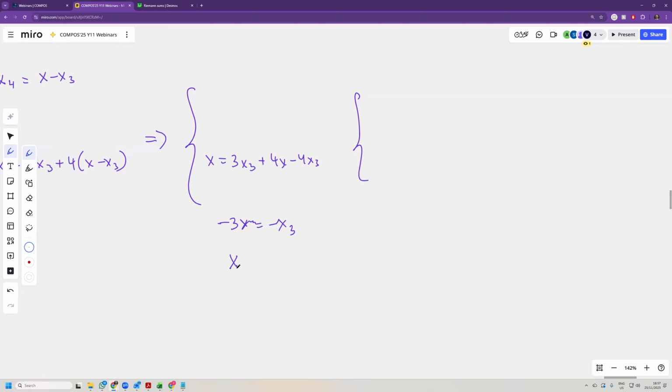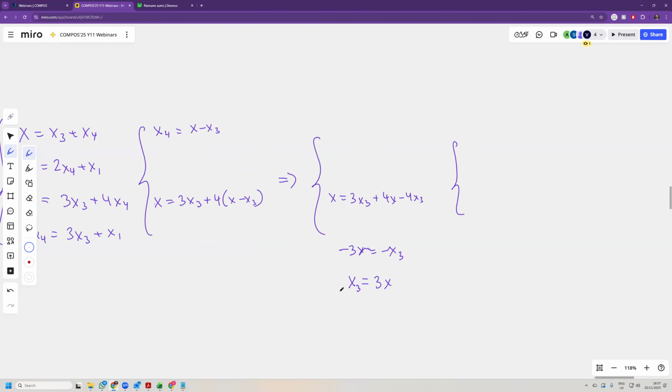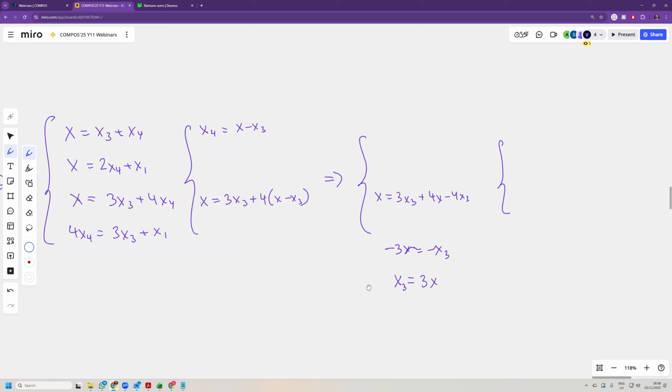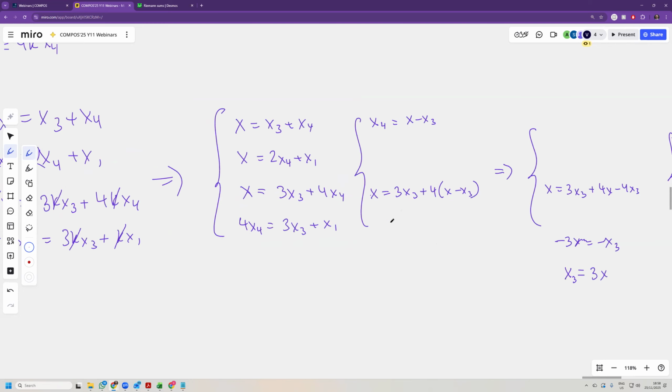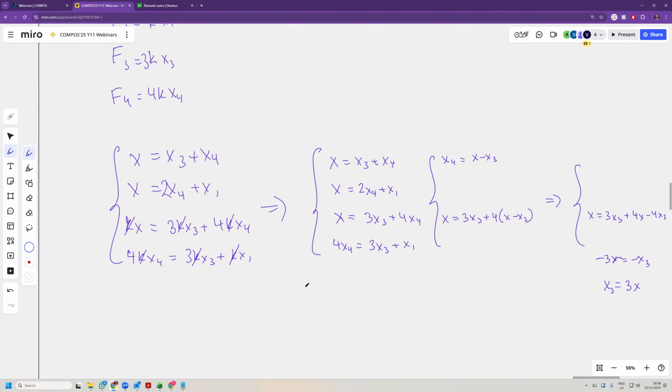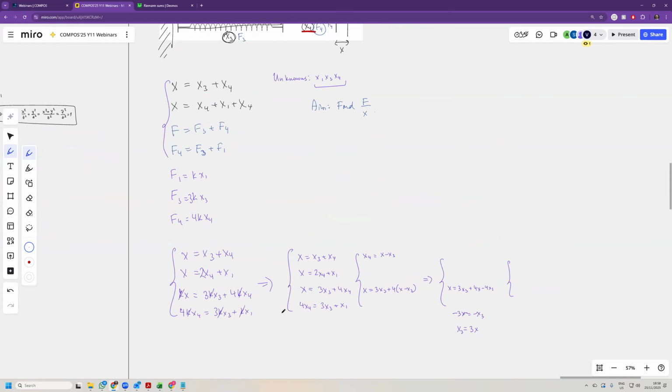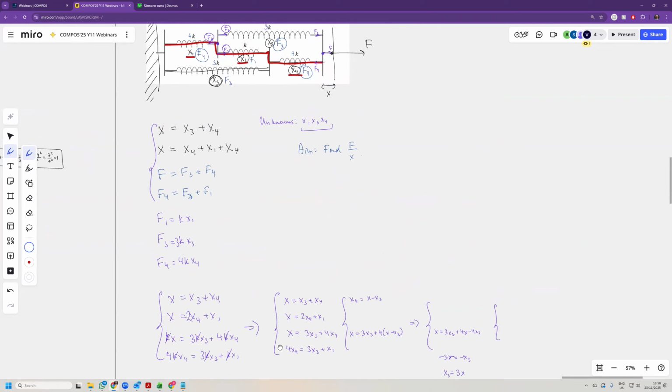So x3 is 3x. That doesn't make any sense. What did I do wrong? That can't be true.